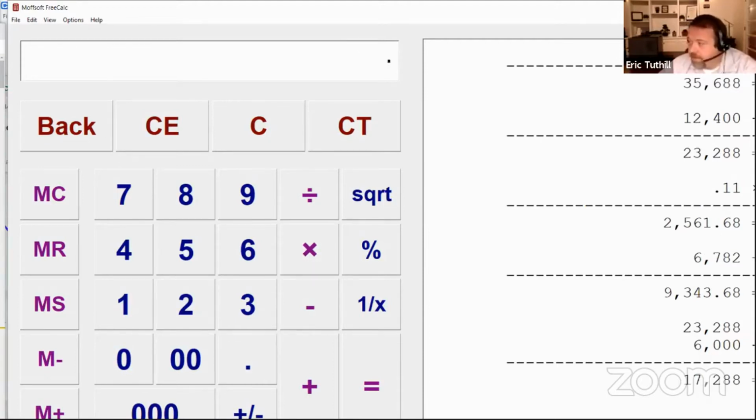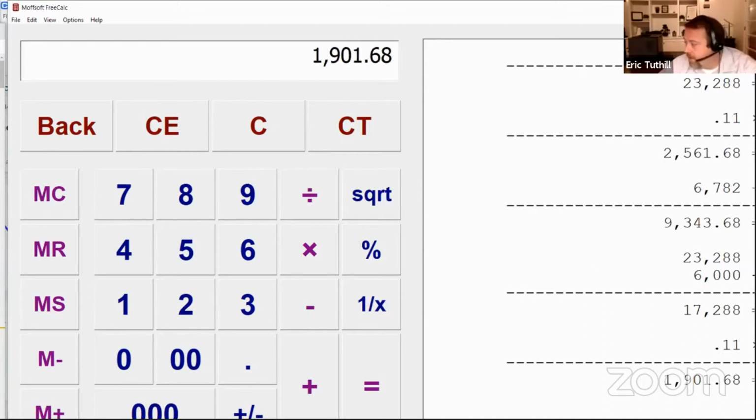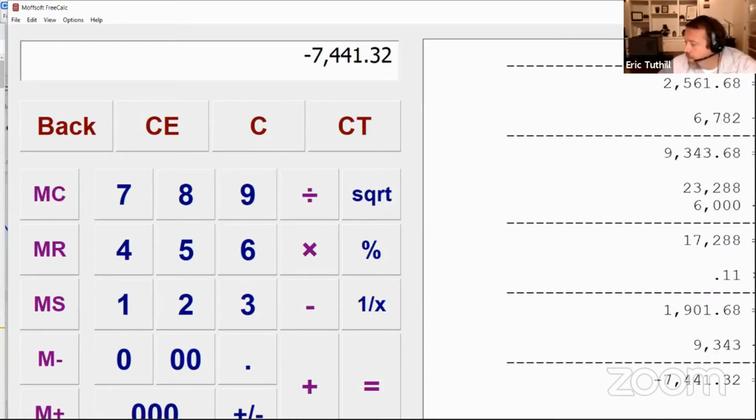That times the effective rate of roughly around 11%. So we went from $9,343 to $1,901. So now we've got a total savings here of $7,441. So that's around $7,500 that we're saving by just doing a couple of unique tax strategies.